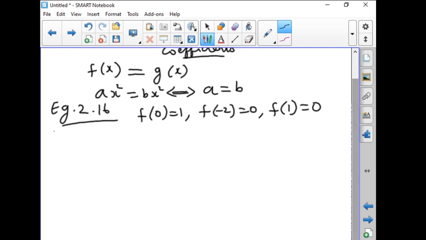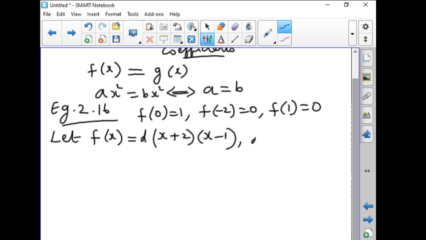So let f of x be equal to d into x plus 2 and x minus 1, where d is a constant, d not equal to 0.